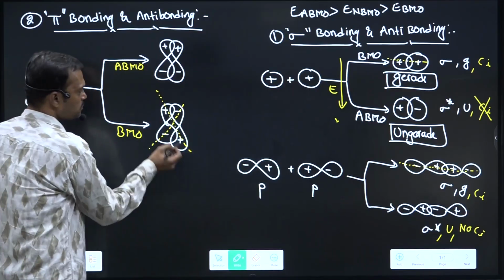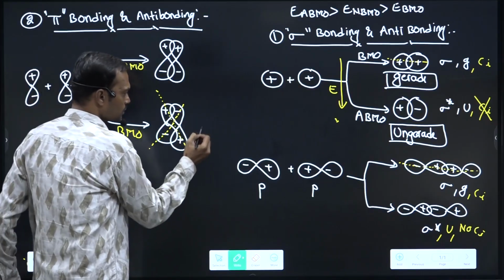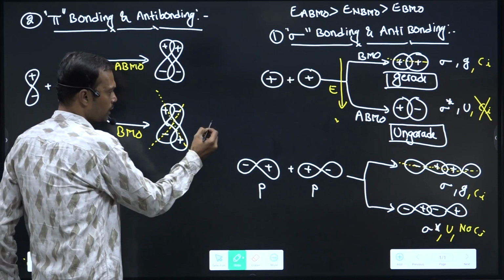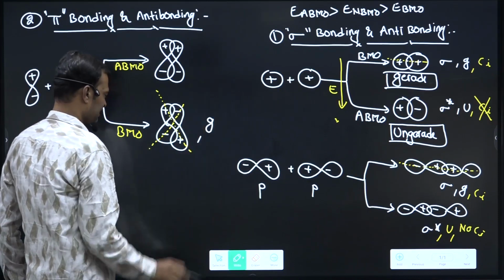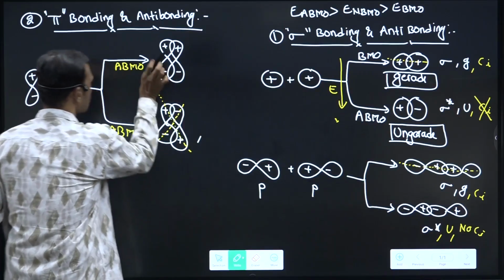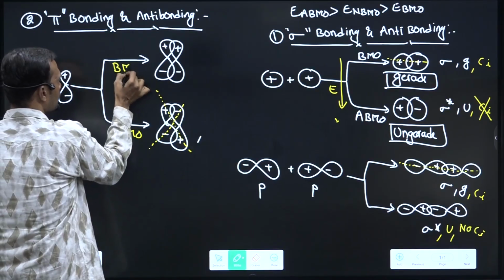Now see, plus-plus and minus-minus joining at one common point. This is pi bonding. So is pi bonding gerade or ungerade? Sorry, this one is ABMO, and this is BMO.